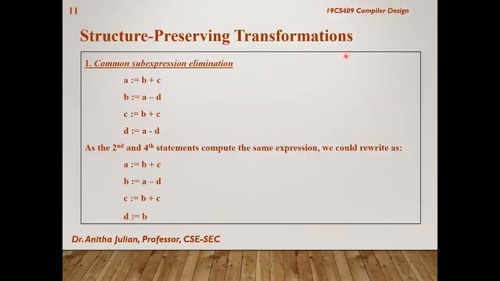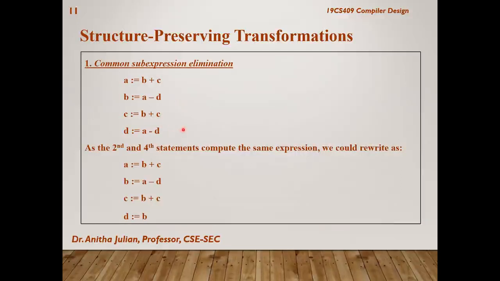Under structure preserving transformation, there are 4 types. Very first type is common sub-expression elimination. When we were drawing the three address code itself, we found that there are some common sub-expressions. In this first part, we can see among the four statements, B plus C is a common sub-expression.